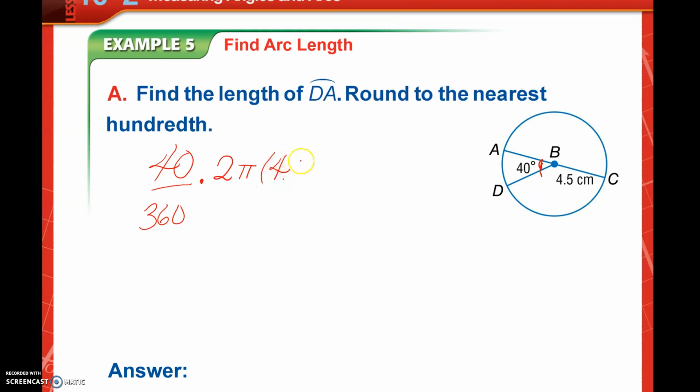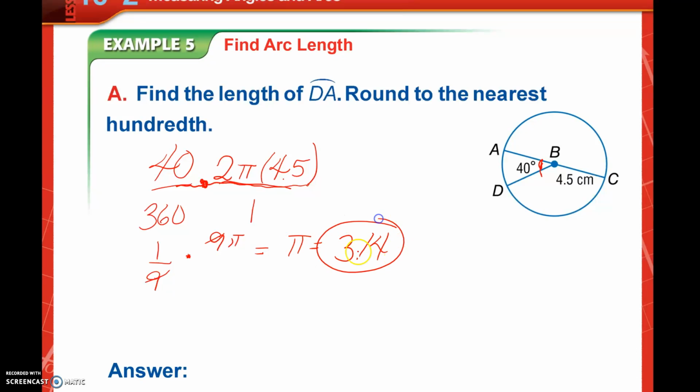So 2 pi r is my circumference. And I can just multiply the top and divide by the bottom. If I wanted to, I would reduce that to 1/9, 9 pi. My 9's cancel, and I get pi, which is equal to 3.14. Just so that I can do that without a calculator.